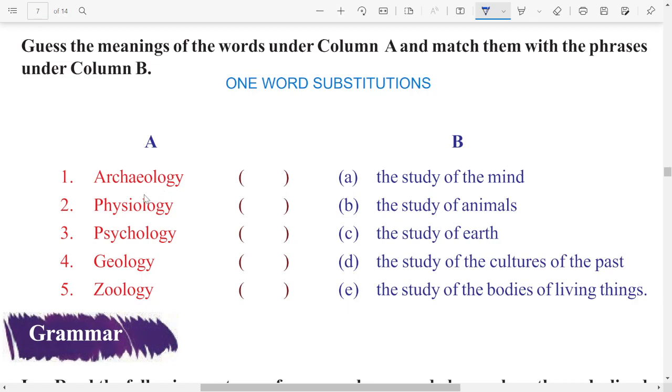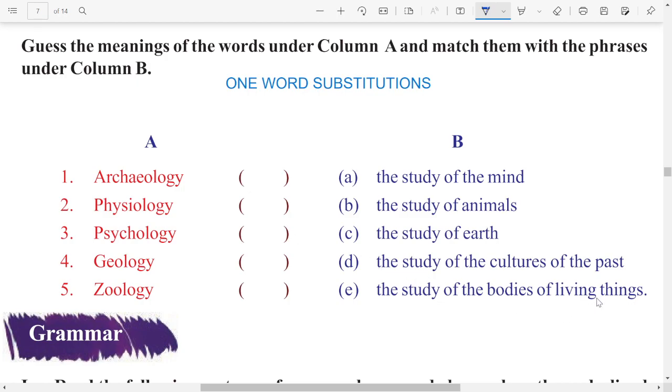Let us look at the first one, archaeology. What is archaeology? Archaeology is the study of cultures of the past, or is it study of earth, study of animals, study of mind, study of the bodies of living things? Which one can we use? Look at the next one, physiology.